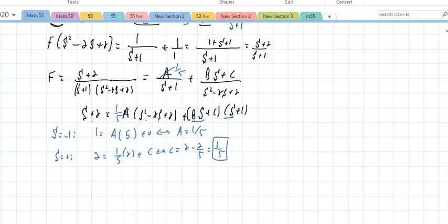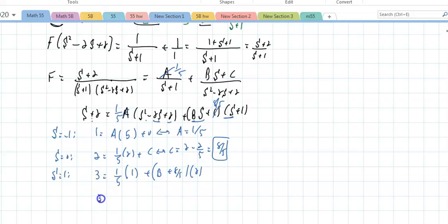Oh, I'm sorry, 10 minus 2 is 8/5. And if I let s equal 1, now I can get the rest. S equal 1, I will get 3 to equal 1/5 times 1 in there, minus 2 plus 2, that's a 1, plus B plus 8/5 times 2.